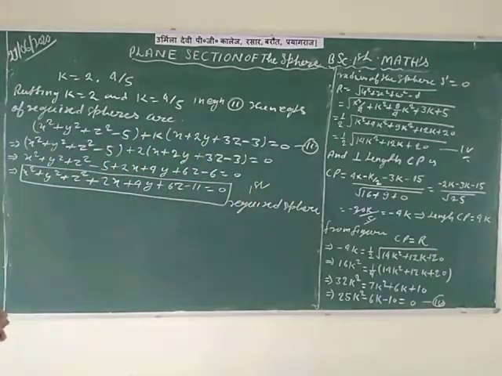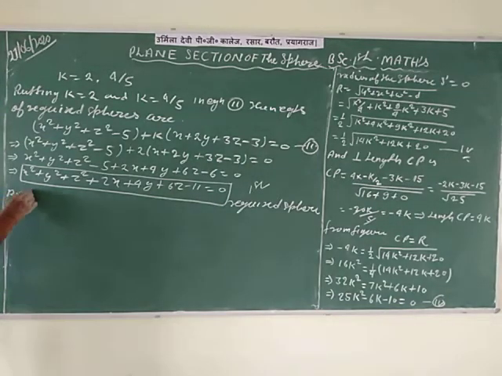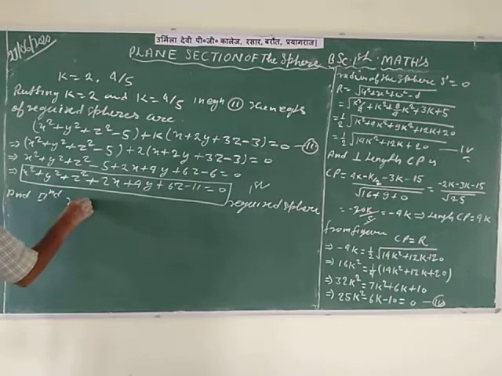And second, after putting k is equal to 4 by 5 in equation second, we get the second required sphere.